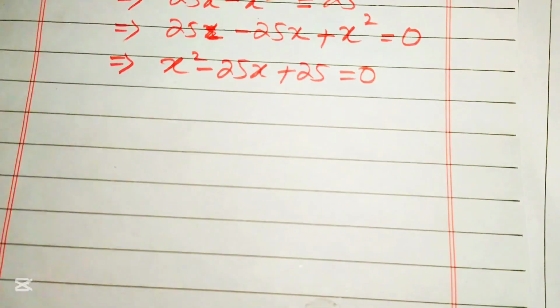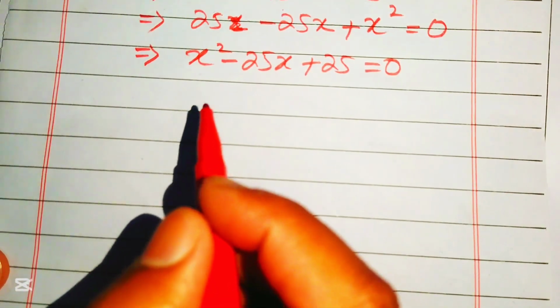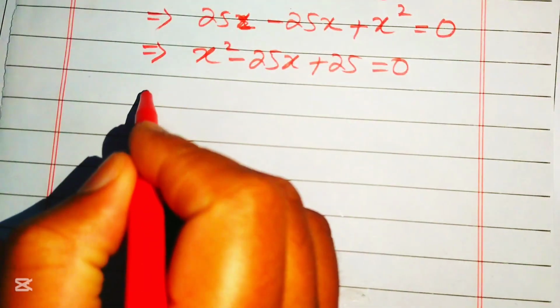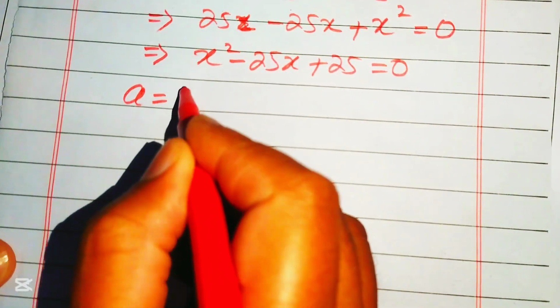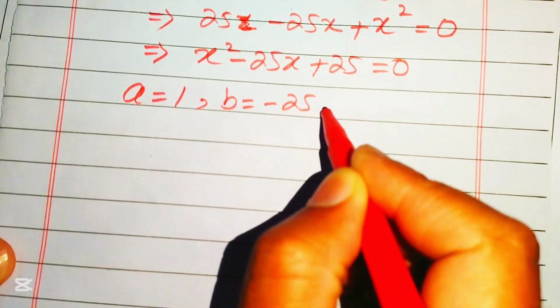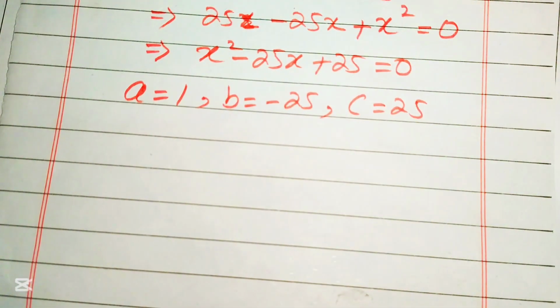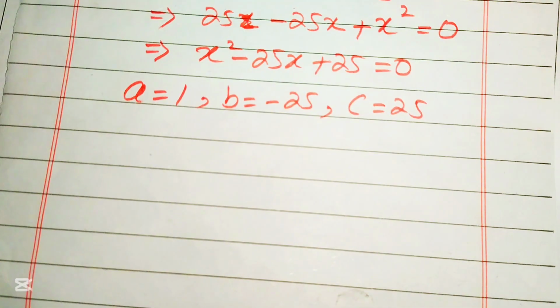First we write the coefficients of this equation: a equals 1, b equals minus 25, and c equals 25.